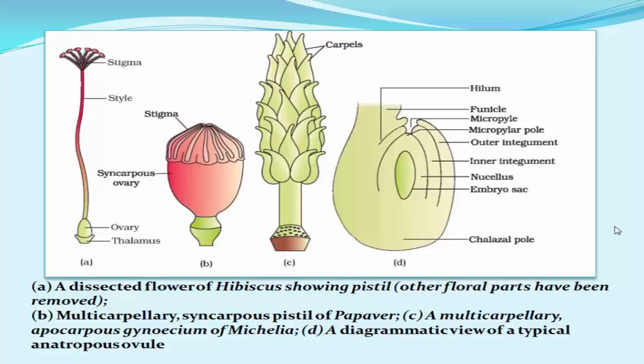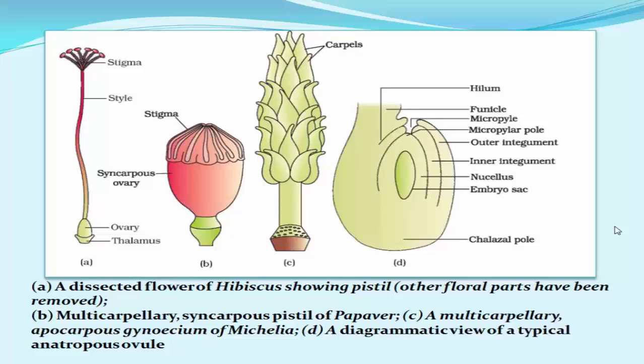The gynoecium's individual unit is called pistil or carpel, and the gynoecium may be monocarpellary or multicarpellary. Monocarpellary gynoecium has a single pistil, multicarpellary gynoecium has more than one pistil.